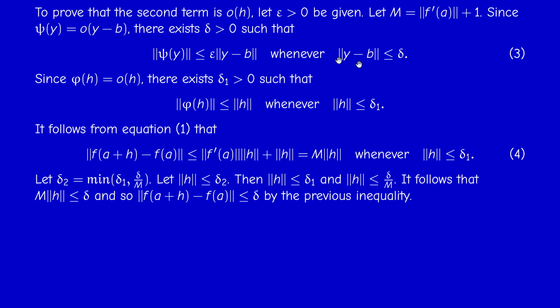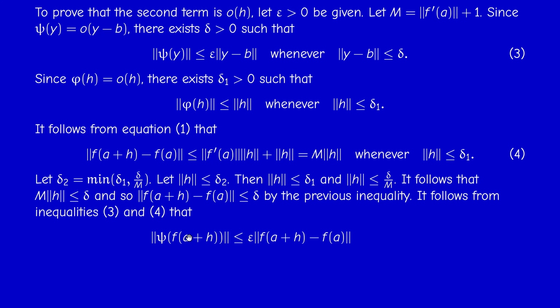And therefore, I can apply equation 3. So psi of the difference, psi of f of a plus h minus f of a, I just replace y by f of a plus h. Since the difference is less than delta in norm, I can apply inequality 3.